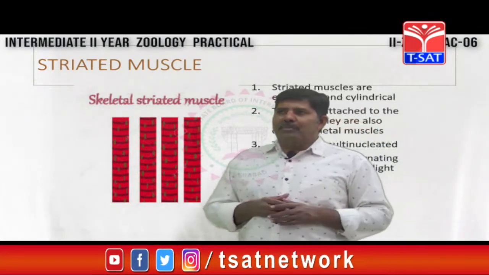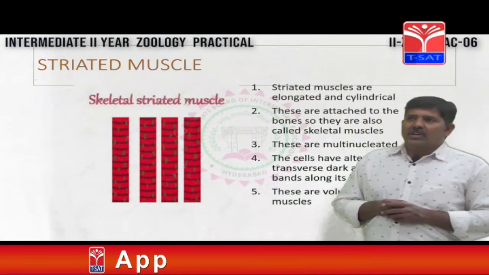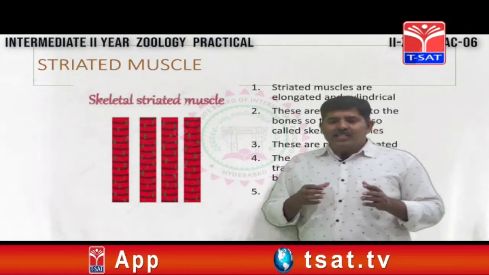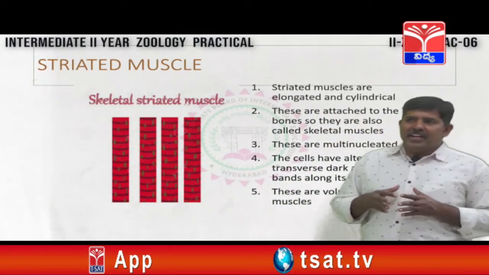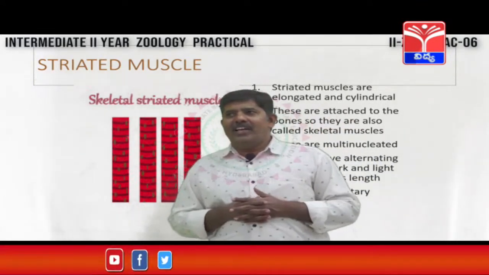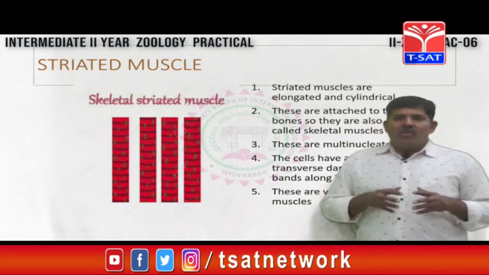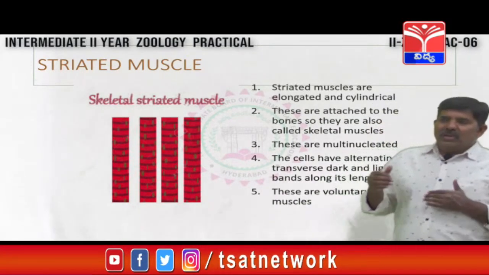These types of muscles are elongated and cylindrical in shape. These striated muscles are attached to the bones. That's why these muscles are called skeletal muscles.